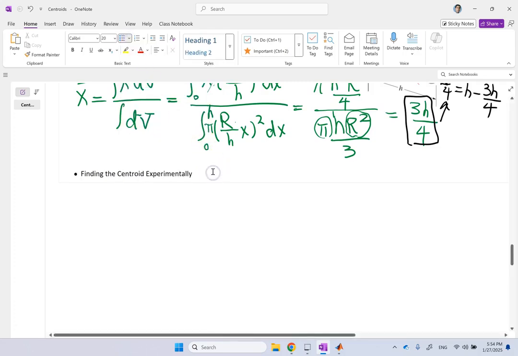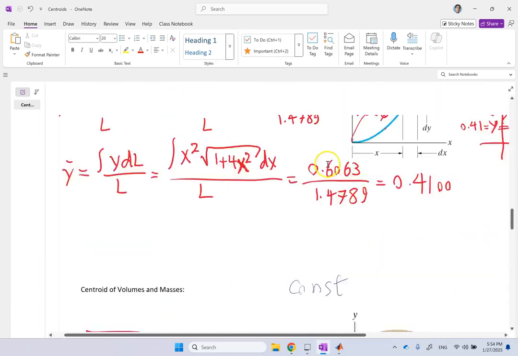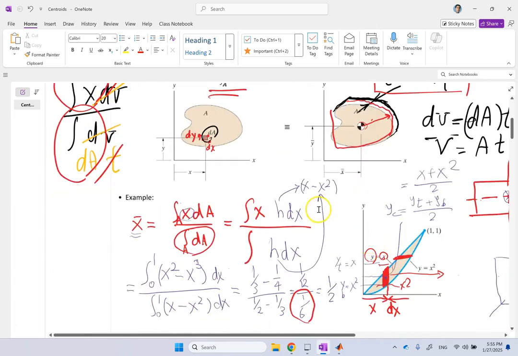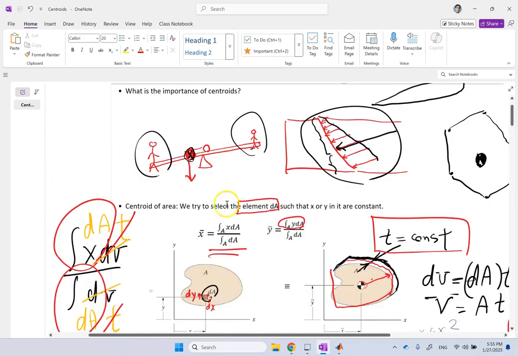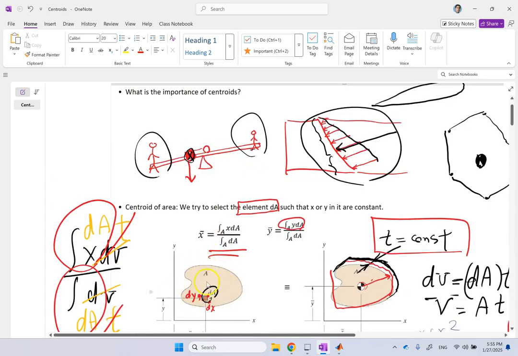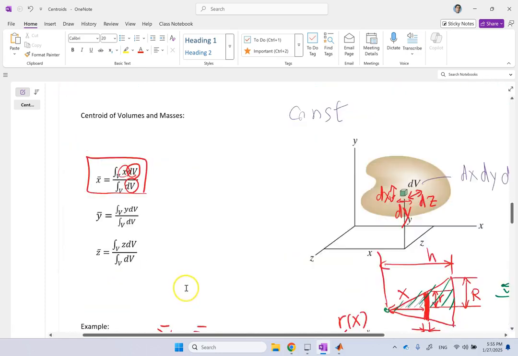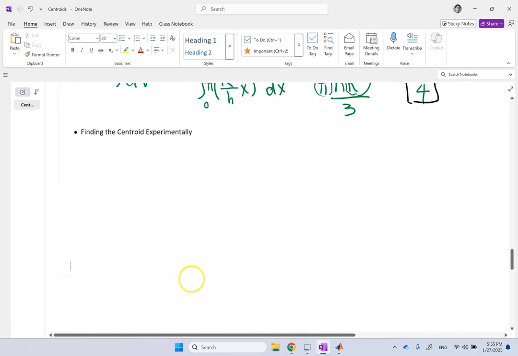So if I have an object that already exists, I just grab some shape like this, and it doesn't have well-defined boundaries or well-known functions that you can do y of the top minus y of the bottom, x of the left minus x of the right, or anything like that. If I just give you a slab like that and say, hey, where's the centroid of this crazy object, or a cylinder block or anything, how would you do that?